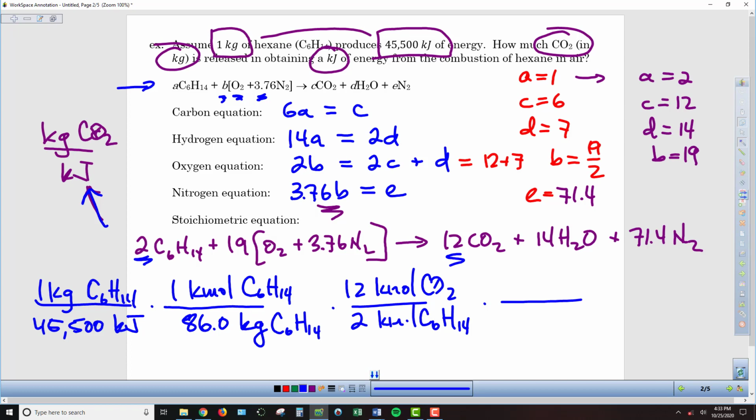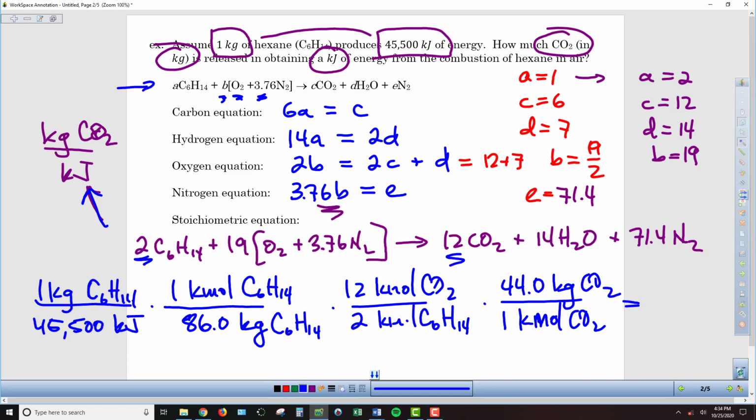And then my last conversion is going to be to switch from moles of carbon dioxide to kilograms. And so my relationship there is just going to be the molar mass. So 1 kilomole of carbon dioxide, and so 12 for 1 carbon plus the 32 for the oxygen, so it gives us 44 kilograms of carbon dioxide per kilomole.